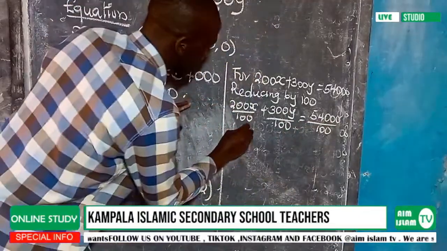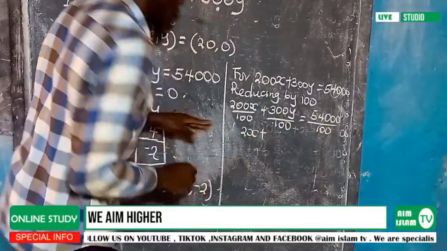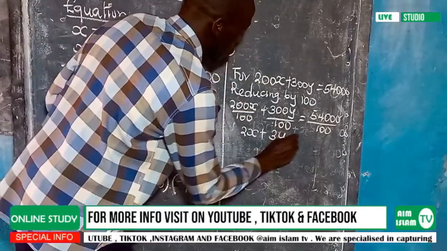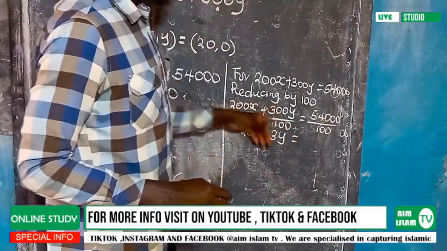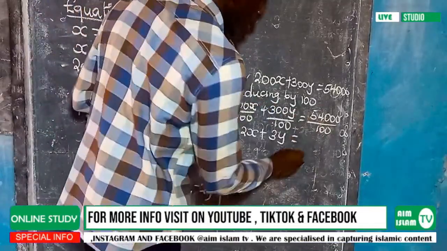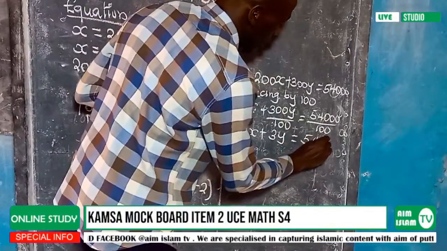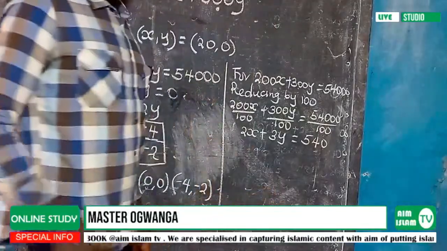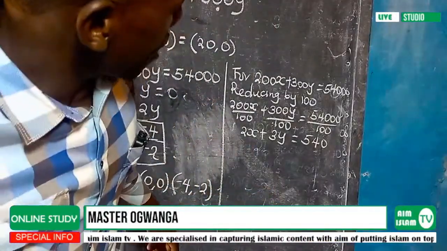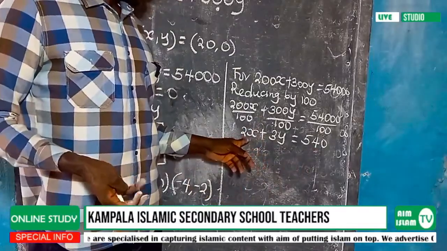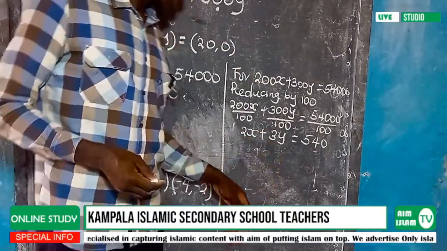So this will act as 2x, because the two zeros have cancelled. Then this one will act as 3y, also because the two zeros have cancelled. Meaning that here we'll have 540. So 540 is now what we are going to use in combination with 2x plus 3y.